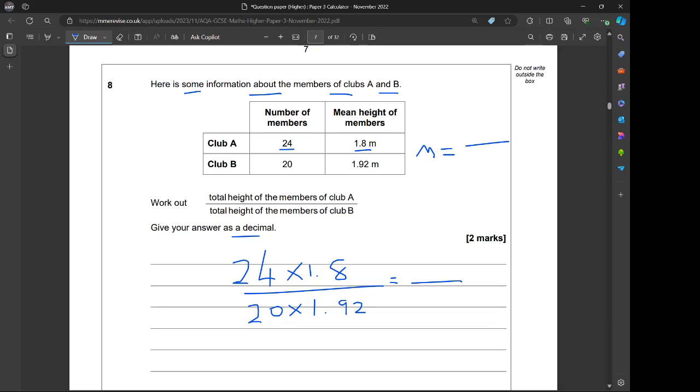Does that make sense? So 1.125. Okay, thank you for that.